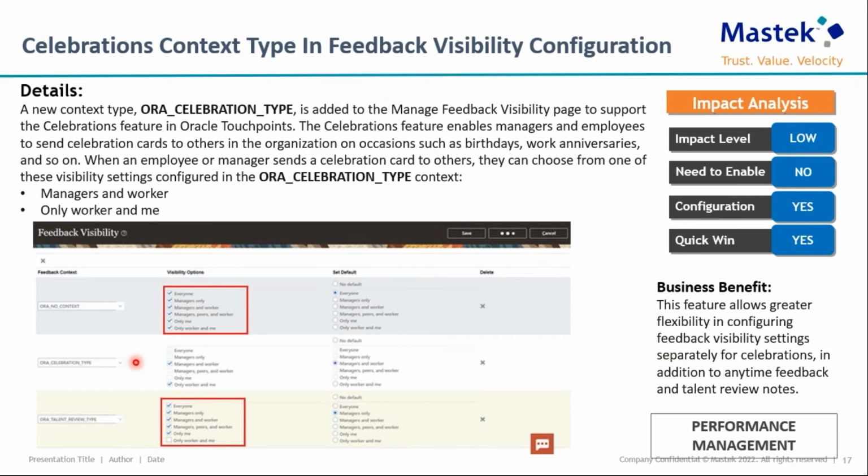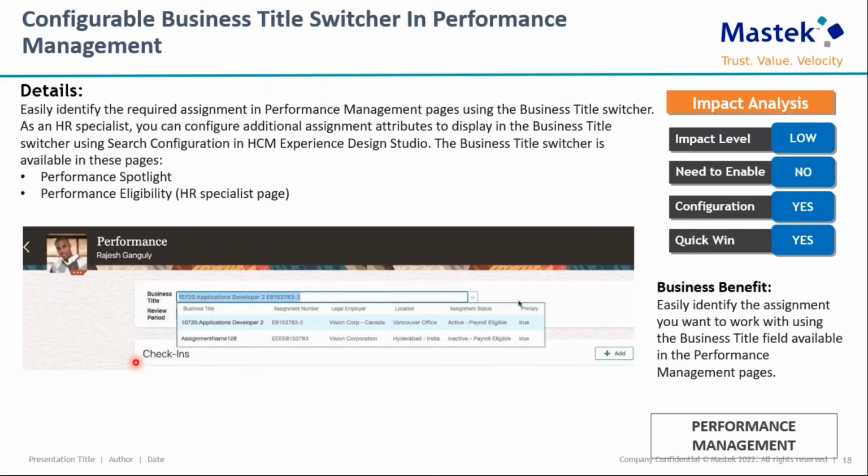Moving on, the configurable business title switcher. This is something similar which came up back in 22C as well. What it allows us to do is have the assignment details when you are searching for the employee. Now, this is a very common scenario, especially in the UK, wherein employees can have multiple assignments at the same time.